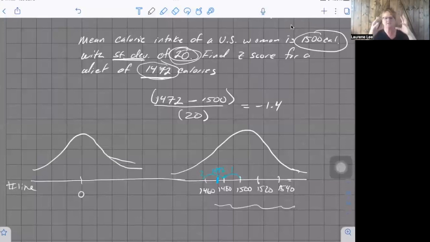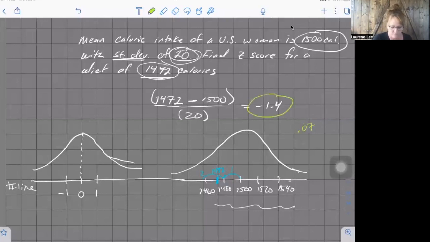Okay. So that's your distribution. 0's in the middle. And in this standardized curve, 1 is the standard deviation now, and -1 on the other side. So it takes all of these values and it pulls them down and puts them with 0 at the middle. Now, what's our z-score? Our z-score is -1.4.